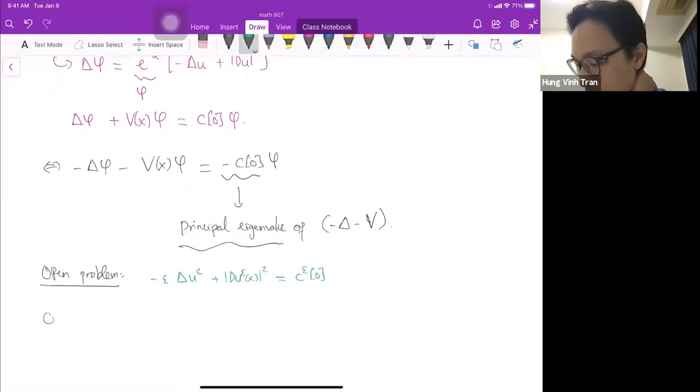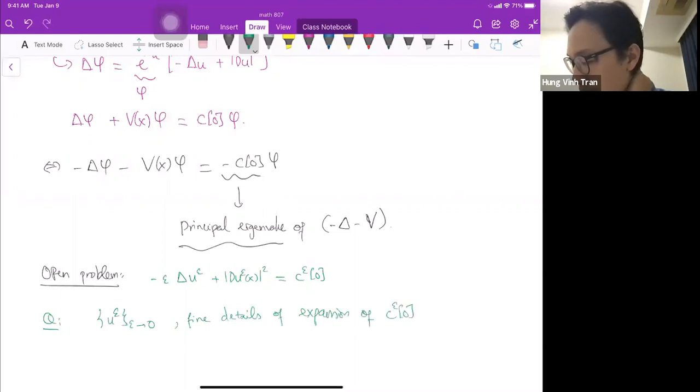So question: what is the asymptotic behavior of u epsilon as epsilon goes to 0? And what are the fine details of the expansion of c epsilon of 0 minus c0?